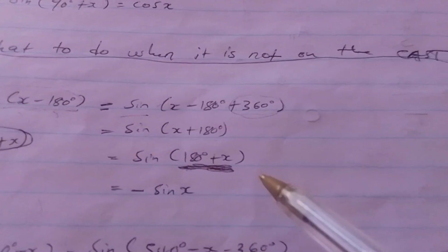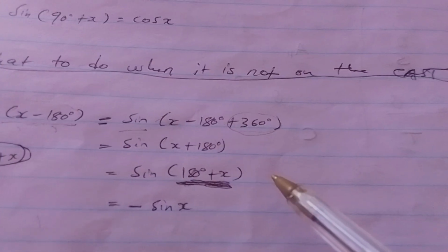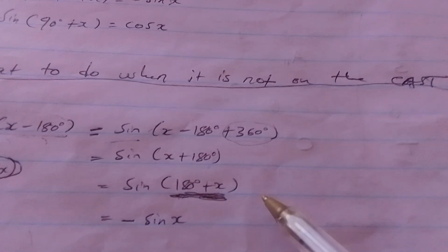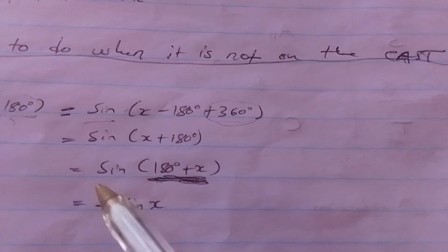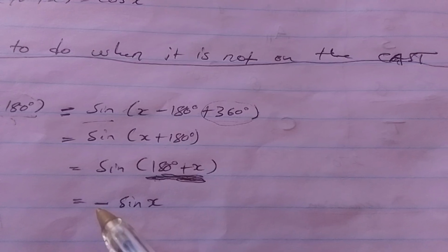Sine and cos are negative. So 180 plus x is on our third quadrant, and on our third quadrant it is only tan that is positive, which means your sine will be negative. That's why I've got negative sine x.